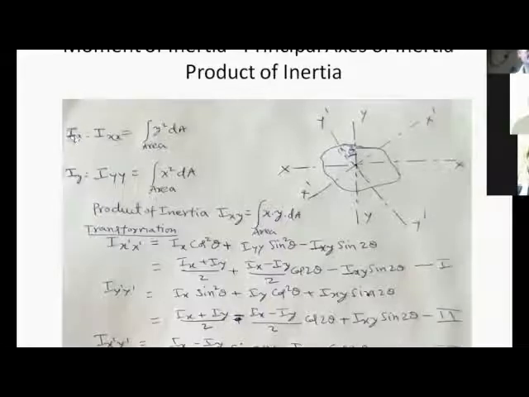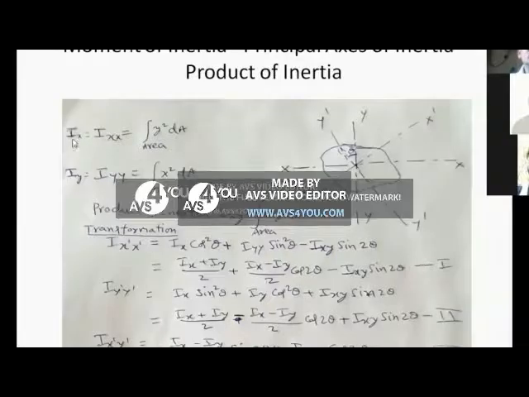So Ix, moment of inertia, also known as Ixx, is equal to the second moment of area about the x-axis, the integral of y square dA for the entire area, right? Similarly, Iy, moment of inertia about the y-axis, is the integral of x square dA for the entire area. Then another term, product of inertia, Ixy, is the moment of area about both the axes.